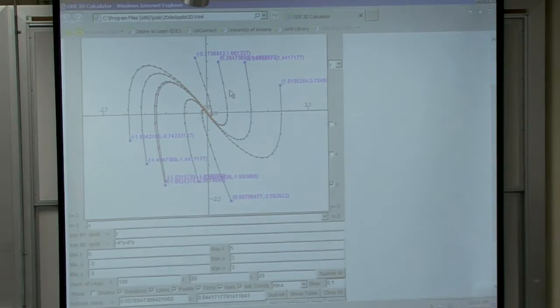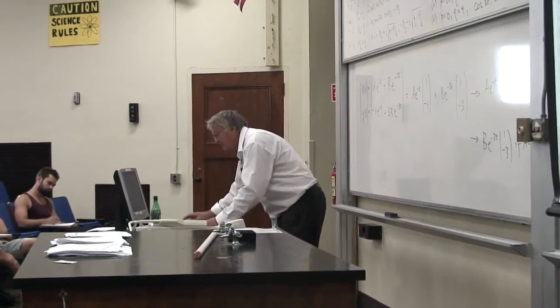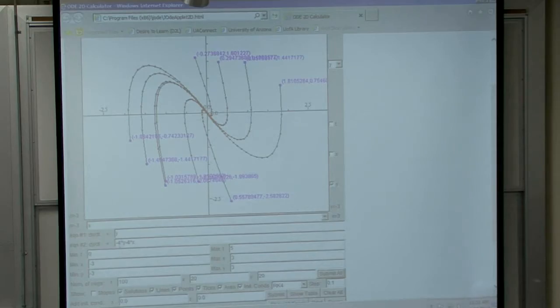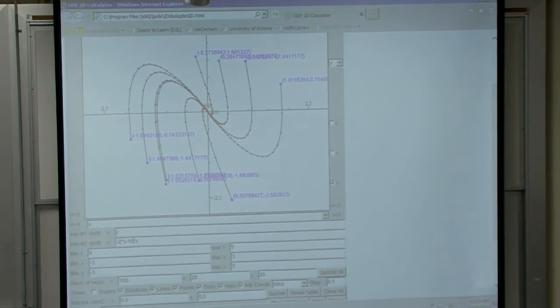Okay, now we go to a slightly more interesting case. Now we will go to the case where I'm going to take this guy to be 2 and this guy to be 10. Now, what does this mean?